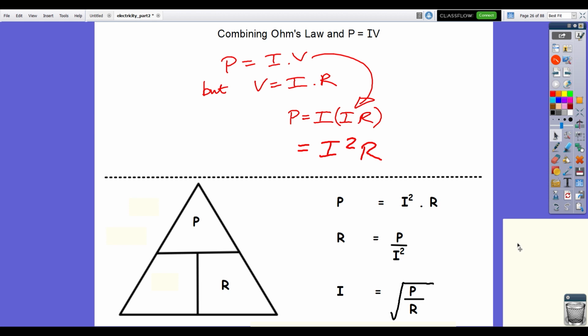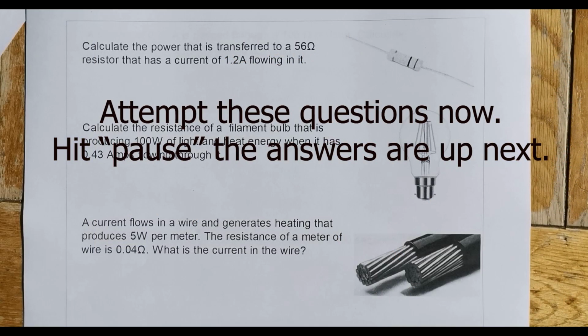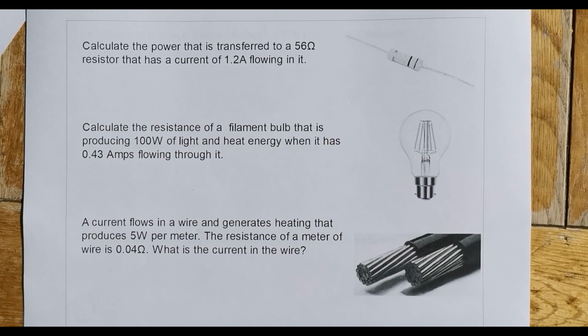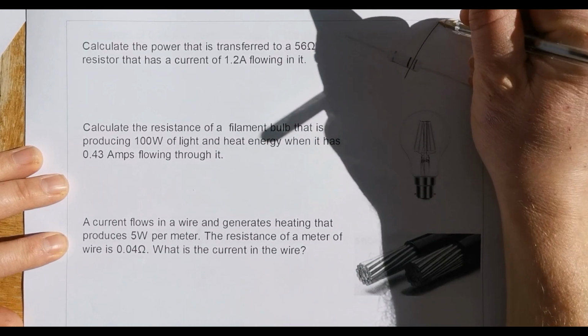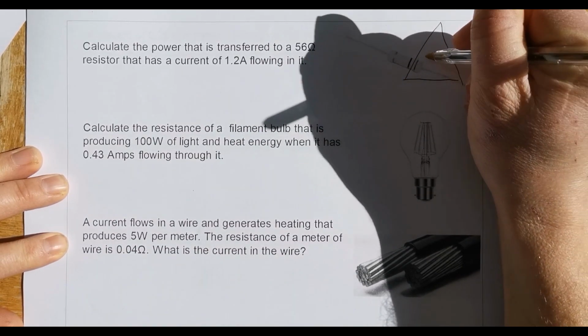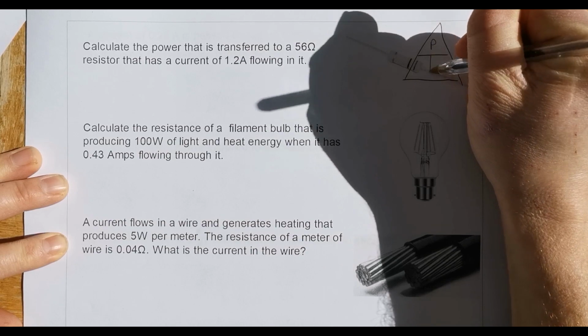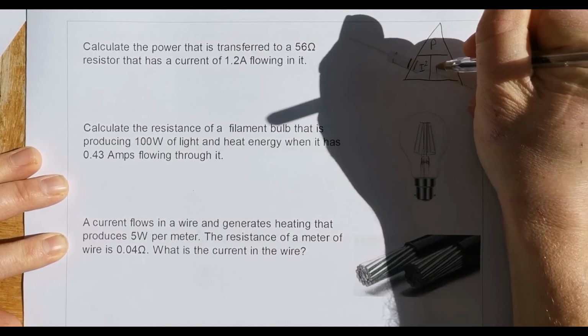Remember, in the exam, you will need to remember this formula. I would suggest you remember P equals I squared R, and remember how to go through this process. And that's what your booklet should look like. These formulas use a slightly different formula for power, with power, current and resistance.